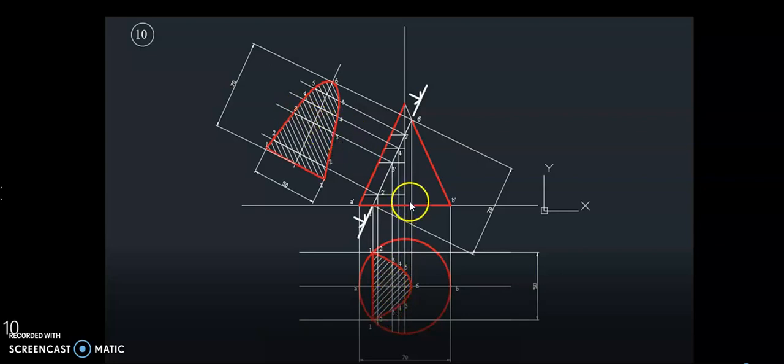Similarly from 4 dash, you project. What distance do you have to take? From here to here, on either side. Now join all those points, and you get a parabola whose maximum double ordinate is 50 mm and whose vertex is 70 mm away from the double ordinate.